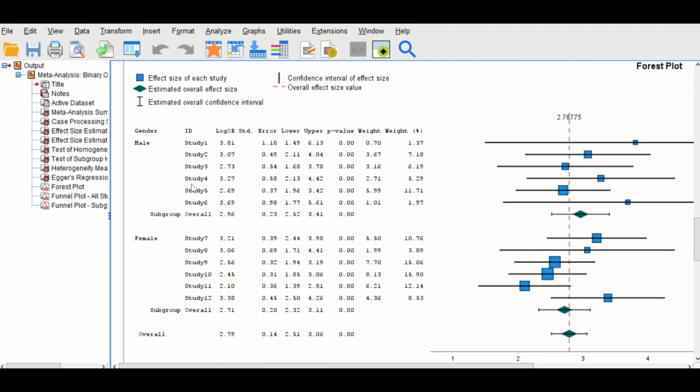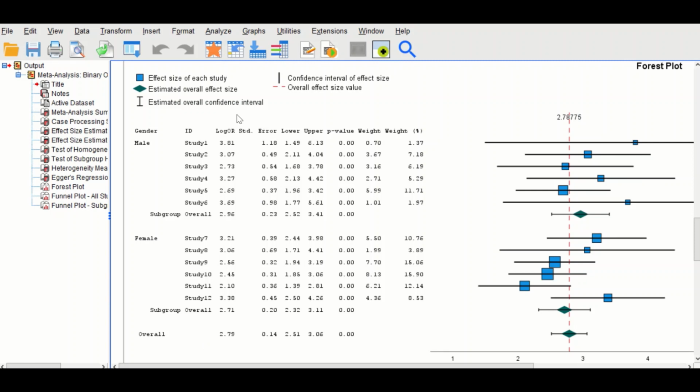In the first section here, each study is given and the meta-analysis is performed based on subgrouping by gender: for male, the first 6 studies, the next 6 studies for females, and the ID for each one of them, with the subgroup overall values given for both sections, the male and the females.